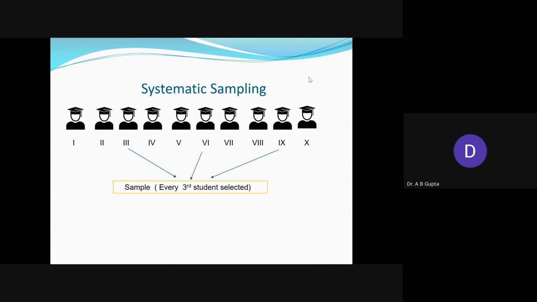So I select student number 3, then student number 6, and then student number 9. So out of a group of 10, I will be able to select only 3 students. Every ith student is selected; that is called systematic sampling.